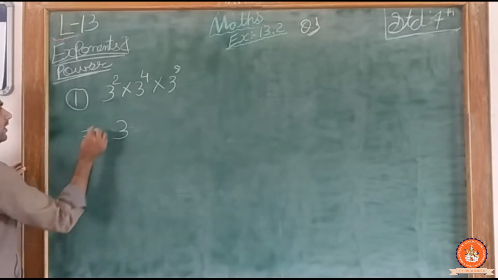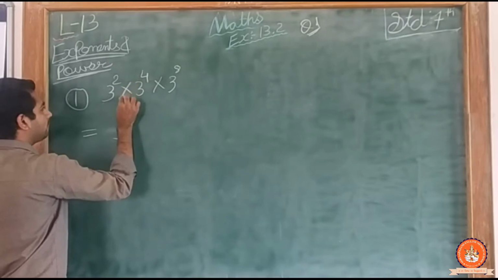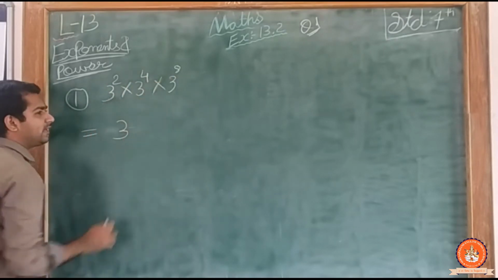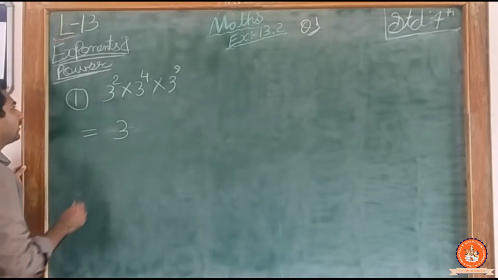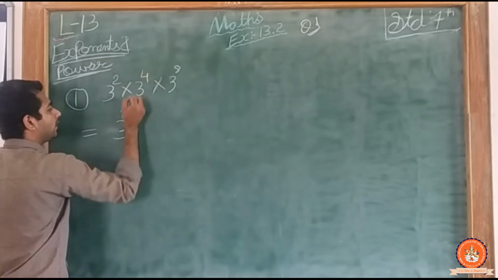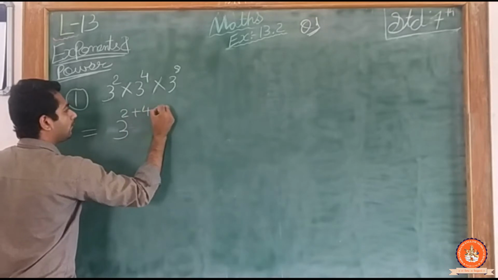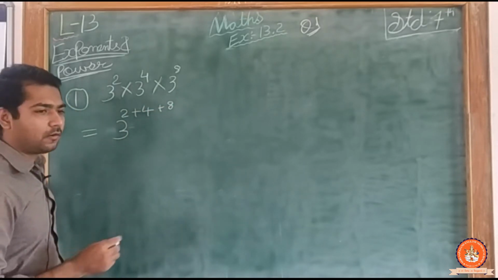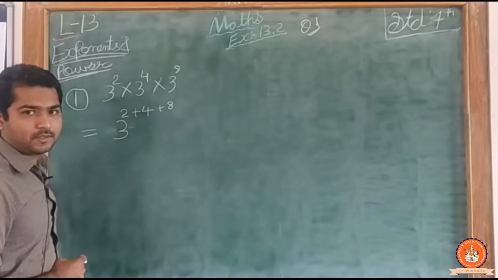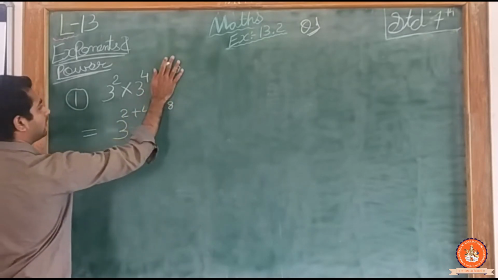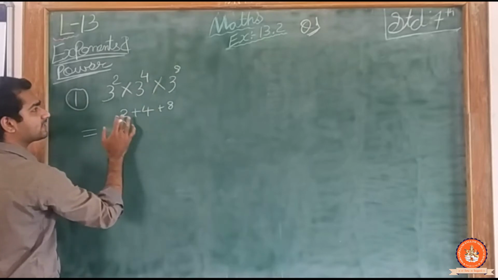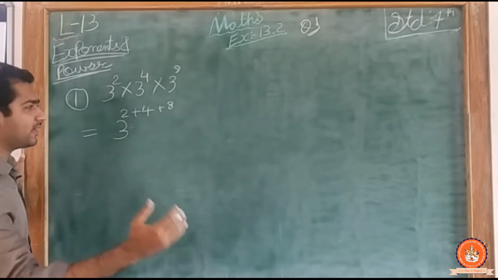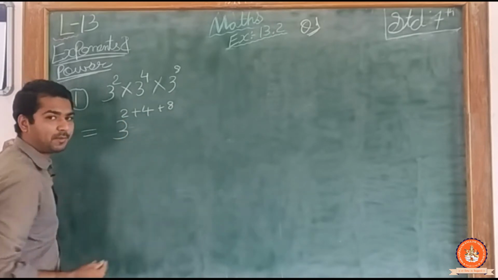And there is a multiplication sign between every term, so all the powers will be added: 2 plus 4 plus 8. In the last video we took only 2-term examples, but here we have 3 terms, that will be similar. If I have 4 or 5 terms, then also the powers will be added.